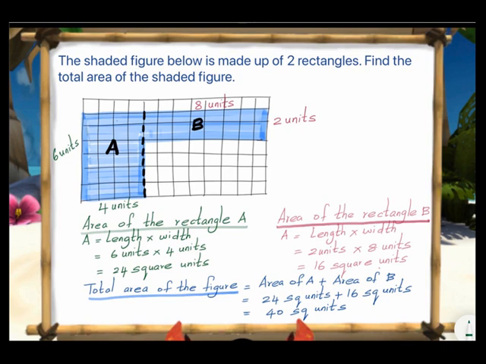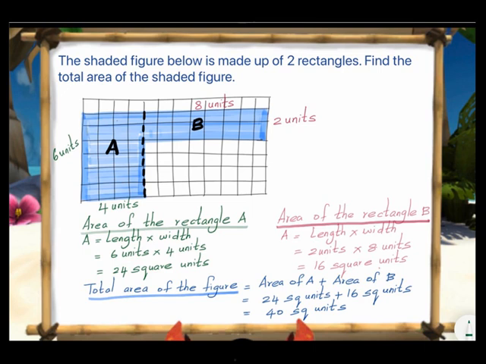We know that the area of a rectangle formula is A equals length times width. The length of the first rectangle, let me see, the side length is 6 units. So length is 6 units times width.